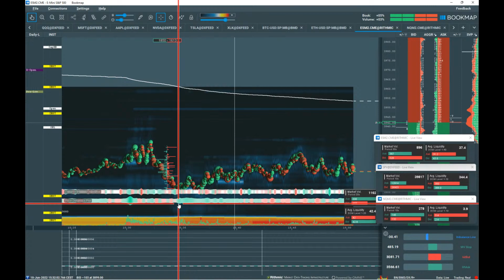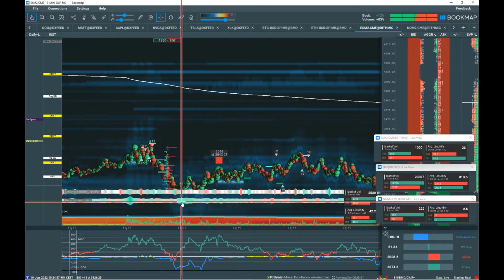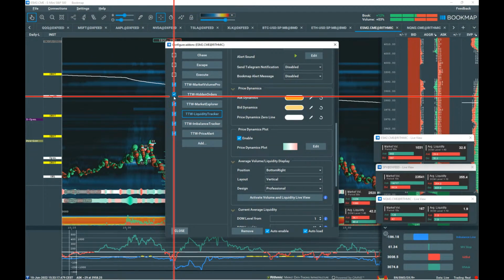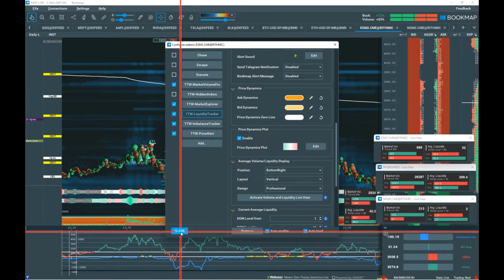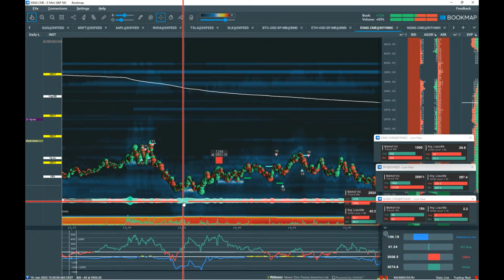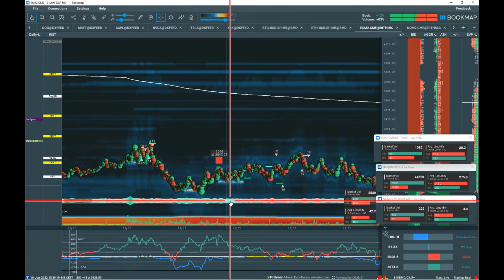This green where my cursor right now is means they're buyers. Let me switch off the hidden orders. It takes a little bit of time, I have a lot of charts open. Now you see the buyers came in and started to buy from the ask, started to buy. It's all green. Green means the buyers came in.